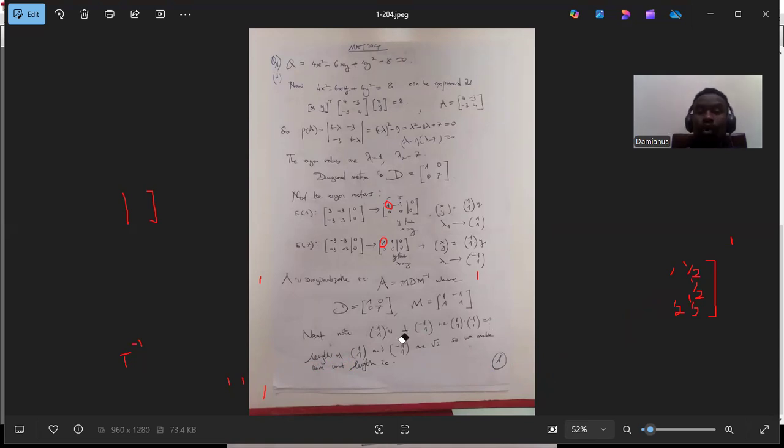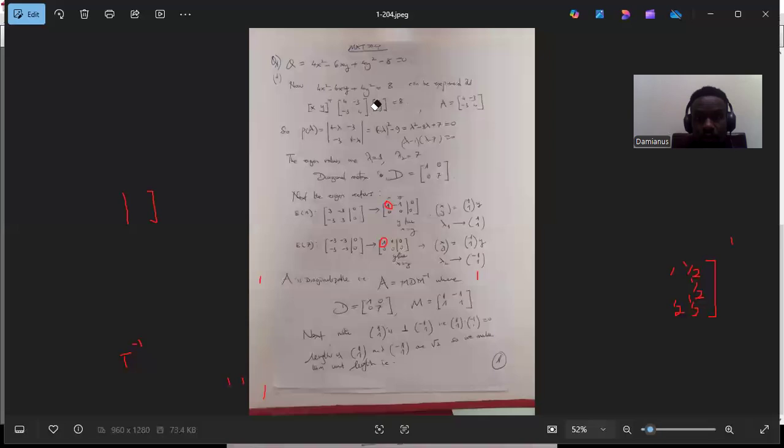So these two are orthogonal vectors, like perpendicular. And the length of these two vectors is the square root of x squared plus y squared, so it's the square root of 1 squared plus 1 squared, which is √2. So if you want to make them unit length, you divide by √2. So you have 1 over √2 for this vector, and 1 over √2 for the next vector.